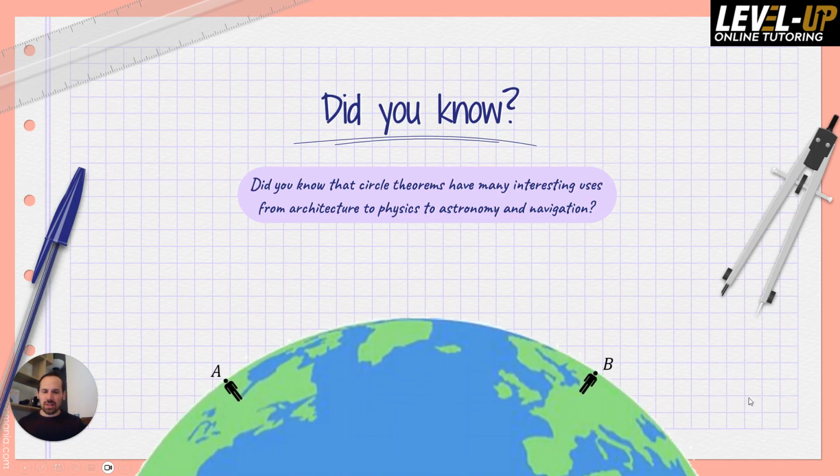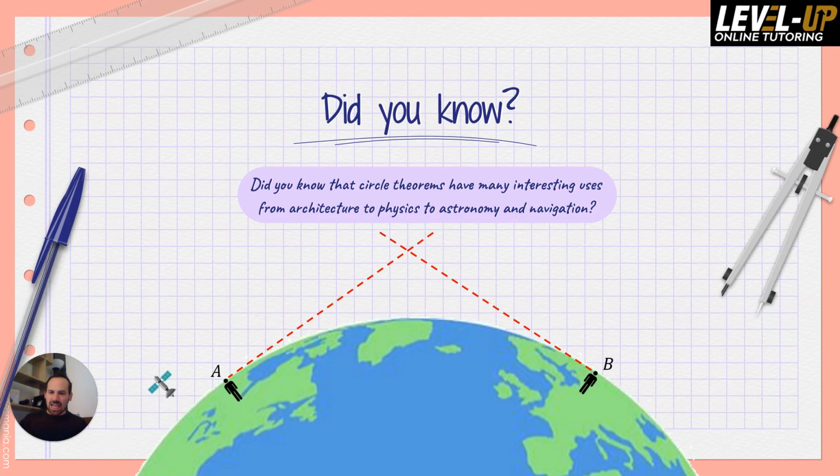Say you had two people at two different locations, A and B. A tangent line would be essentially like their horizon. It's as far as you can see, because all we can see is in a straight line. We can't see round the curvature of the Earth, and B is going to be the same. If we've got a satellite orbiting around the Earth, we can tell who's going to be able to see it at what times by using circle theorems.